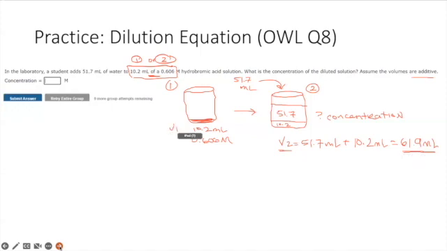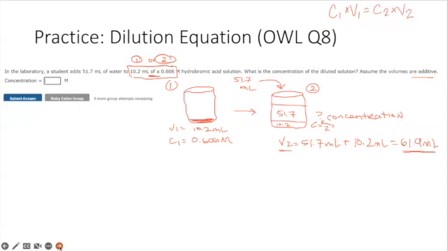My V1 is the 10.2. My C1 was given to me, 0.606 molar, and we're solving for our C2. I don't know. So just a reminder, the equation is C1 times V1 equals C2 times V2.